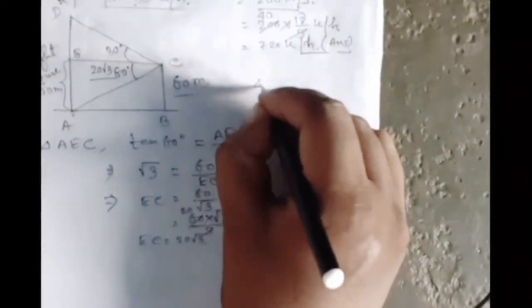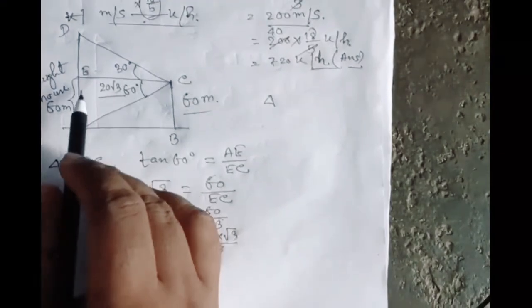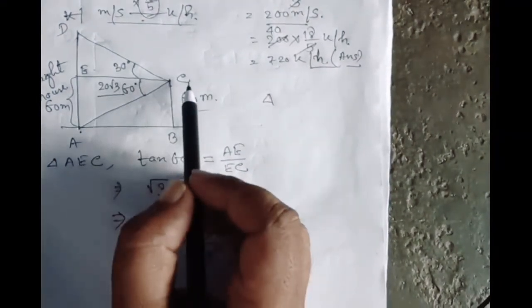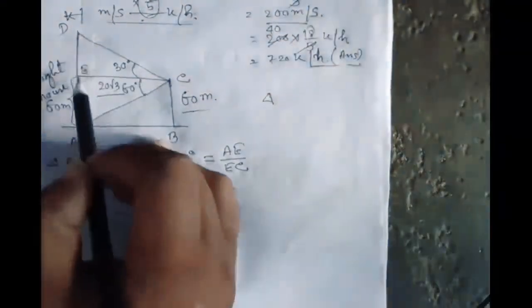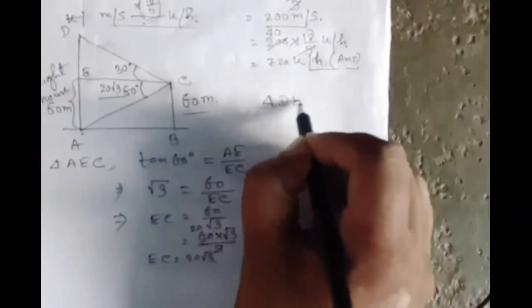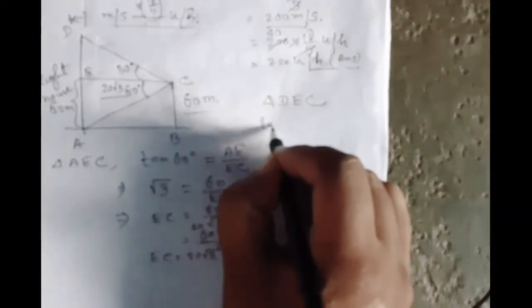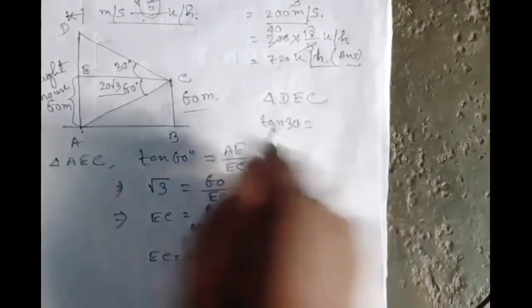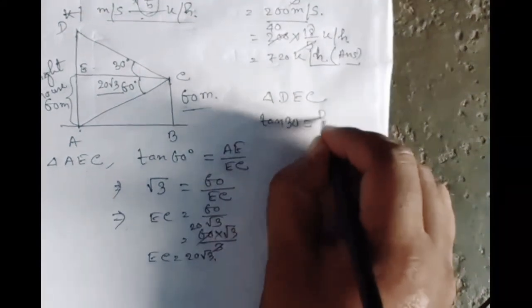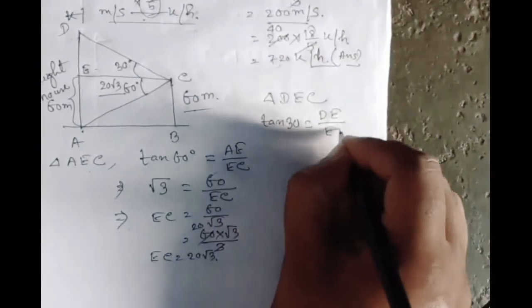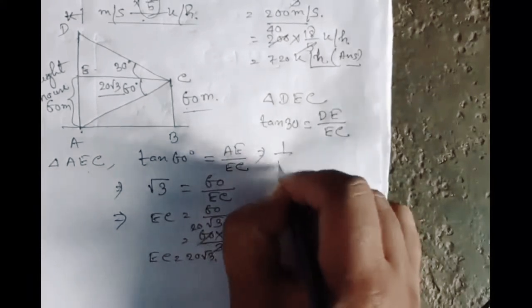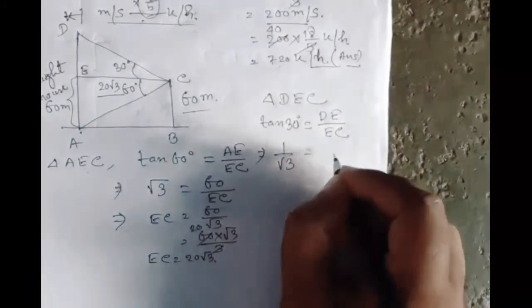Now again considering the triangle in this same figure, consider triangle DEC. Here tan 30 is equal to DE by EC. That means 1 by root 3 is equal to DE by EC.